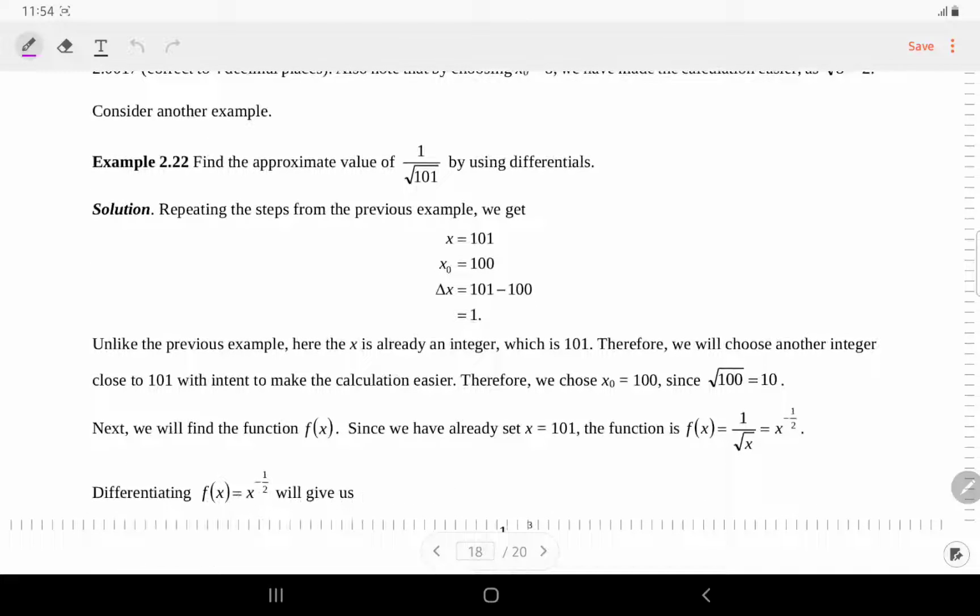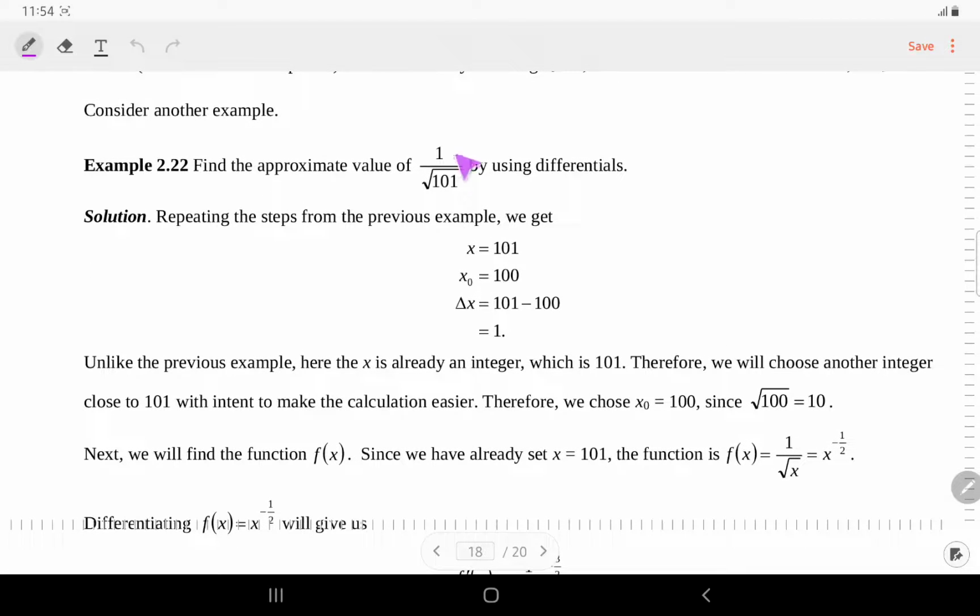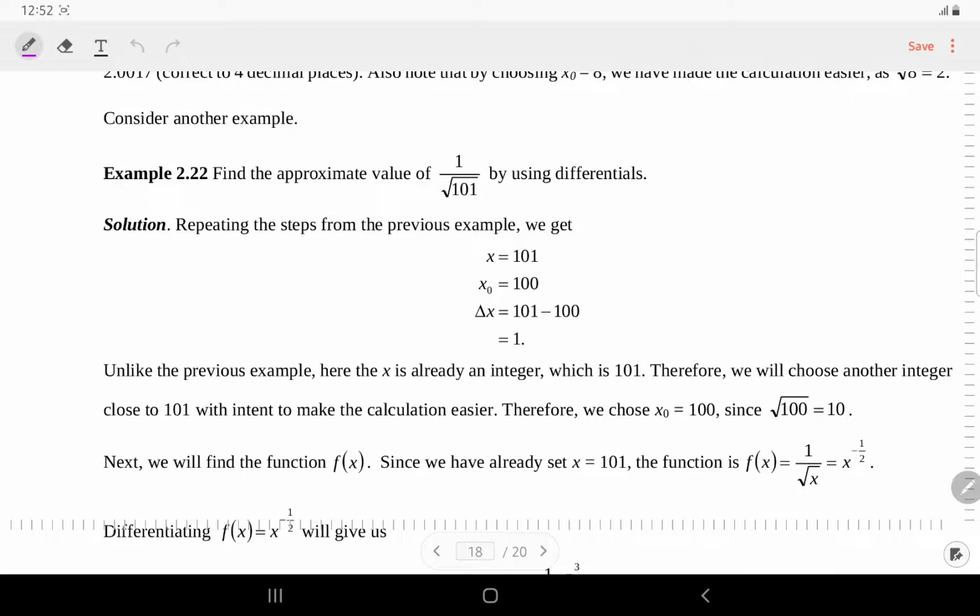Next example, we need to approximate the value of this one. Look at this example. It is the same type of question as the previous one, where we want to approximate the value of this by using the formula of differential.